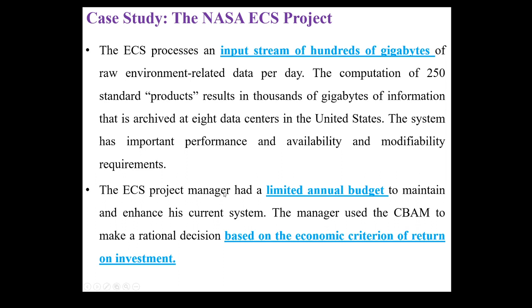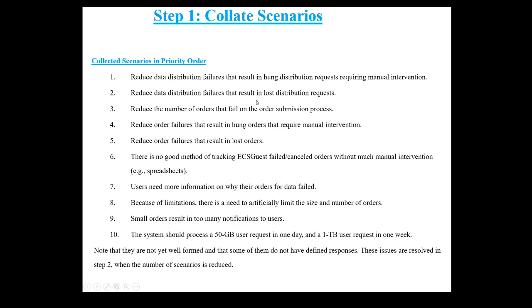The ECS project manager had a limited annual budget to maintain and enhance the current system. So the manager has to use the CBAM method to make a rational decision based on the economic criterion of return on investment. For that, he uses the first step, that is collate scenarios.